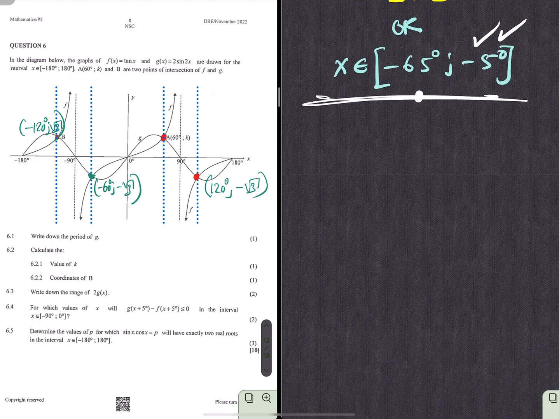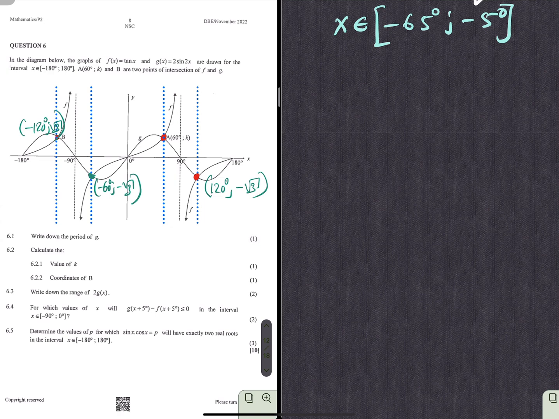Now, if you look at the next question, what are they saying? That is 6.5. They said determine the value of p for which this equation, that is sine x multiplied by cos x is equal to p, will have exactly 2 real roots in the interval negative 180 to 180 degrees.